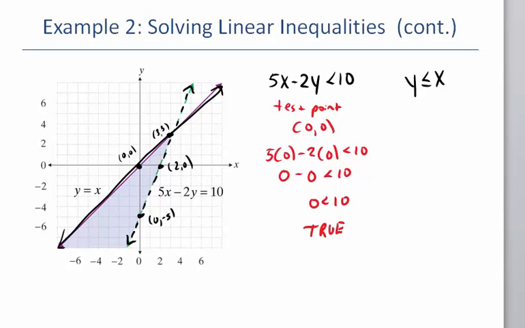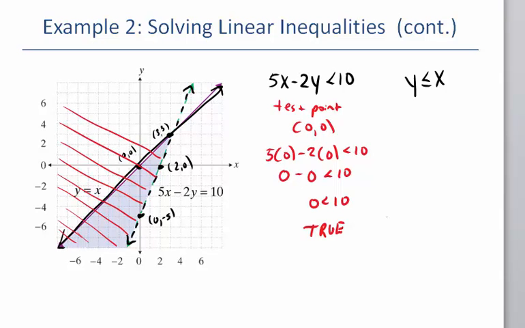So I'm going to shade everything on that side of the dotted line. So that is going to be all of this. Okay, so everything shaded in red is the solution to the first inequality.